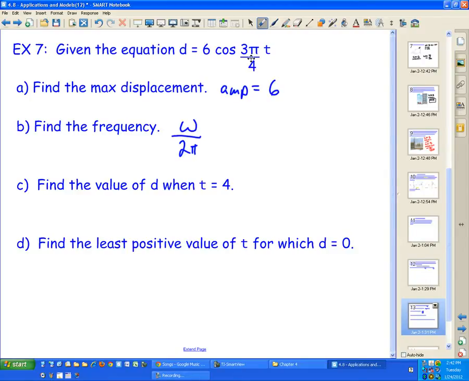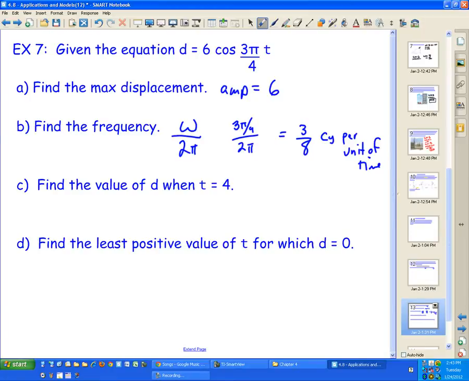If you look back at what we had, that's going to be 3/4 pi divided by 2 pi, which will work out to give us 3/8. 3/8, and this is cycles per unit of time, whatever that unit of time is for this one.